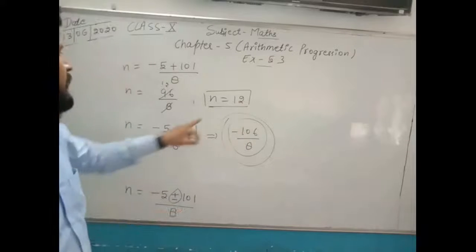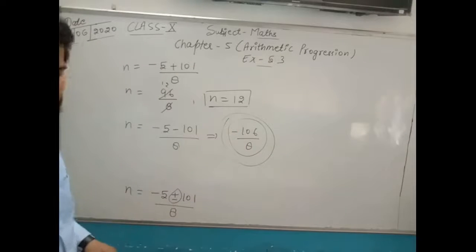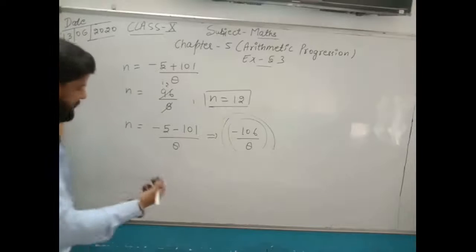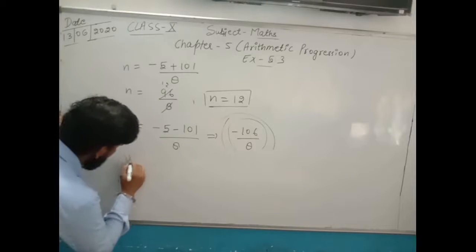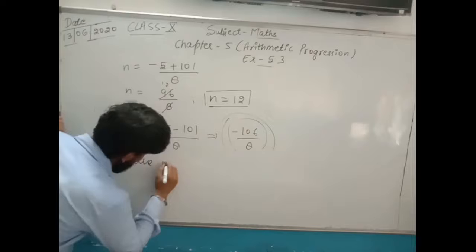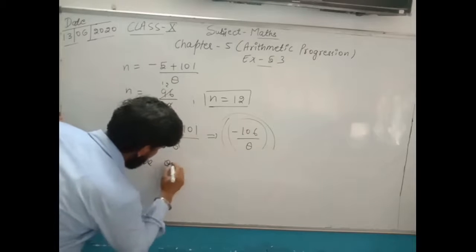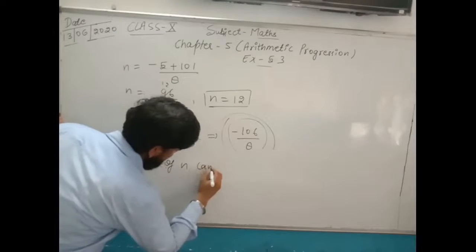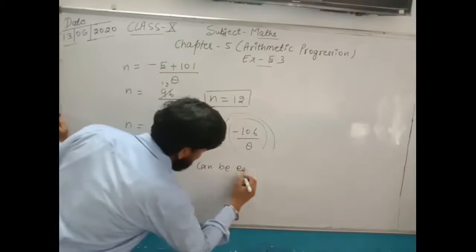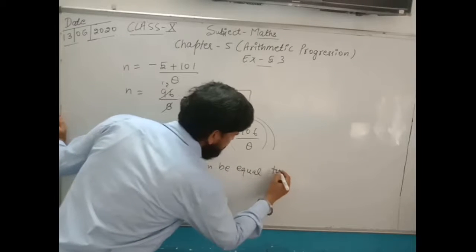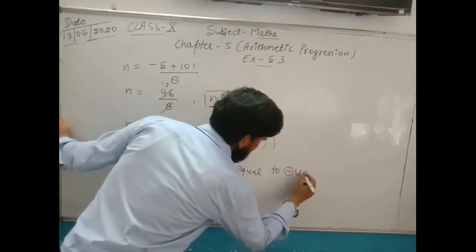So what is the value of n? That is equal to 12. So we will write: the value of n cannot be negative.